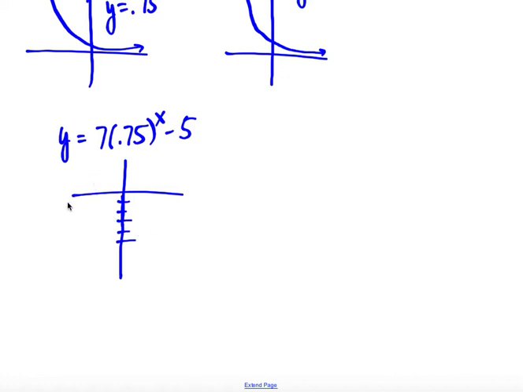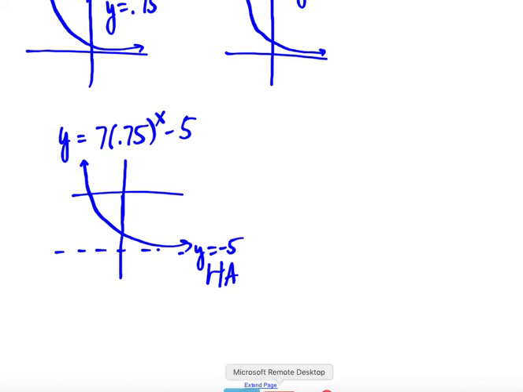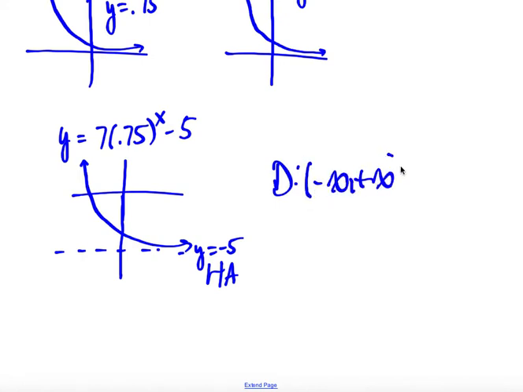A lot of times I will make a dotted line here and say that y equals -5 is my horizontal asymptote, which I'll often label HA. Your domain again would be -infinity to +infinity. There's no restrictions there. And then the range, you see we don't have any of the smaller y values. The smallest y value that it gets really close to is -5. It doesn't include -5 and then goes to the +infinity direction.